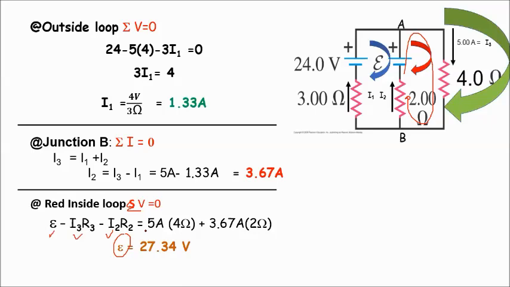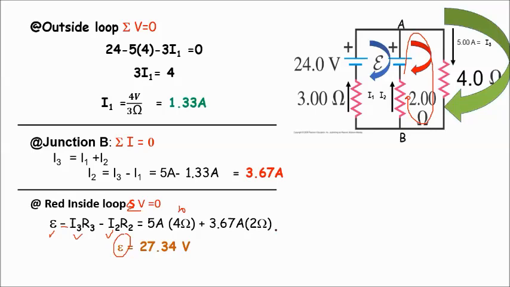So, simplify. Since epsilon is our unknown, let's transfer these two to the right side. 5A times 4 is 20. 3.67 times 2 is 7.34.